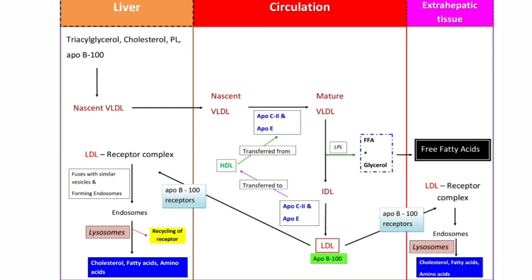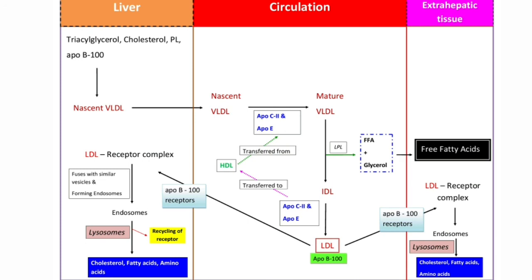A vesicle containing LDL loses its clathrin coat and fuses with other similar vesicles, which forms a larger vesicle called an endosome. These endosome vesicles fuse with lysosomes. The LDL particle along with apoproteins and cholesterol esters are hydrolyzed by lysosomal hydrolases, forming amino acids and free cholesterol.